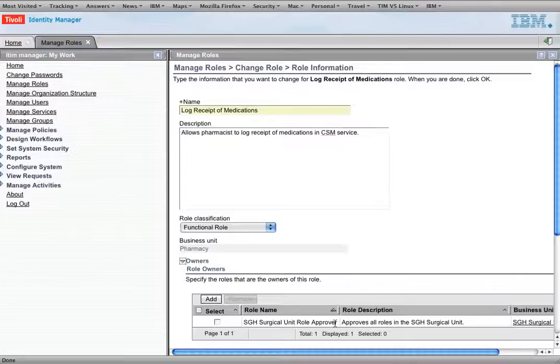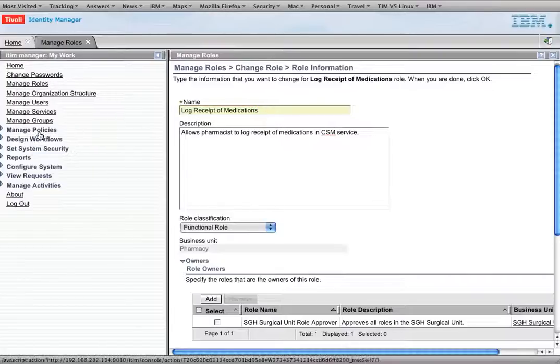All that means in the hierarchy is that Miranda Bailey is at the top of the tree, so she can approve anything that has to do with not only surgical unit roles approval, but also, because that one owns this one, Miranda can ultimately approve anything that has to do with the Log Receipt of Medications role.